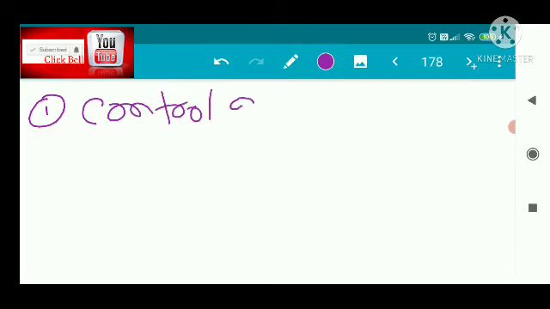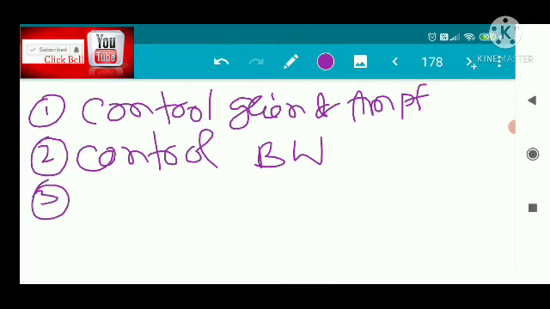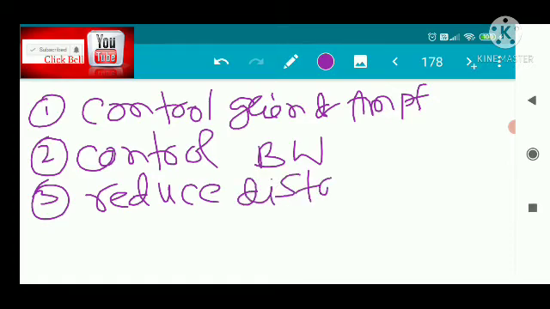Control the gain of the amplifier. Second one is the control of bandwidth. Third one, reduce distortion. This is some of the advantages of using negative feedback.